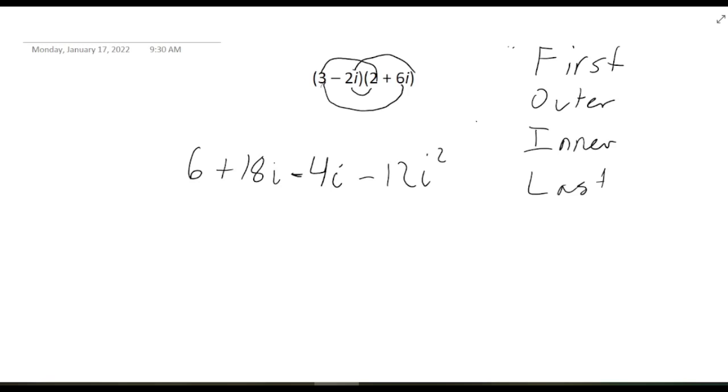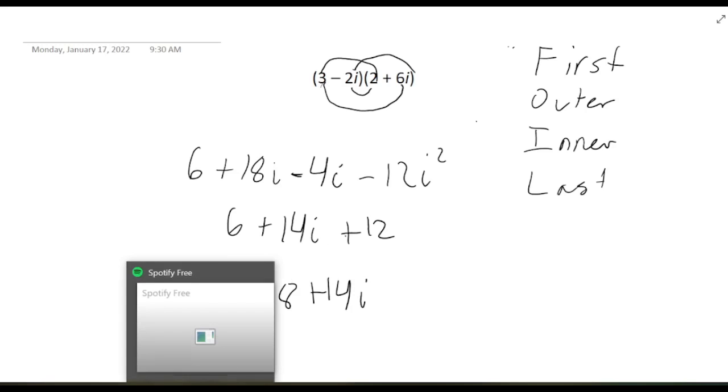And then we can simplify. We can combine like terms. So 18i minus 4i would give us 14i. And let's rewrite the 6. Then we have minus 12i squared. We know i squared is negative 1. So negative 1 times negative 12 would be positive 12. And we combine the 12 and the 6 together to get 18 plus 14i.